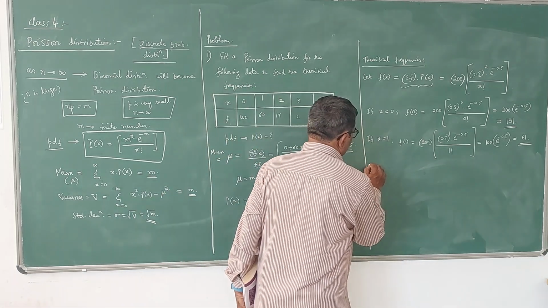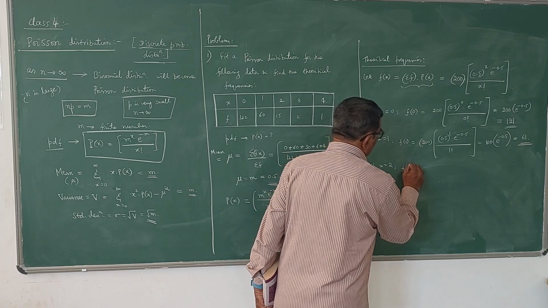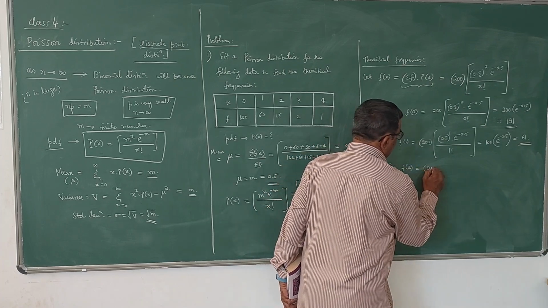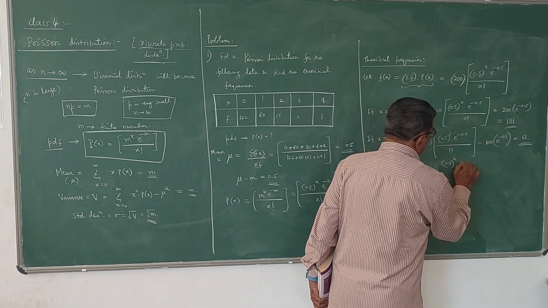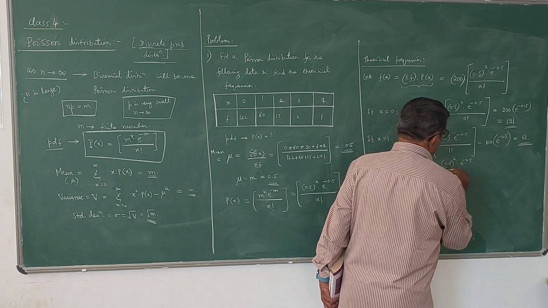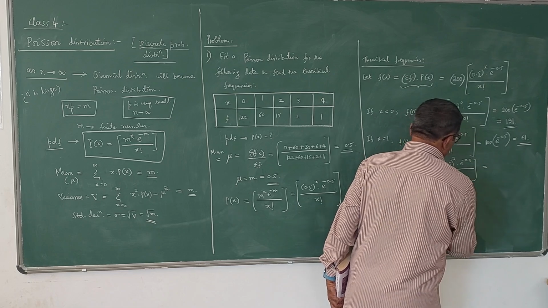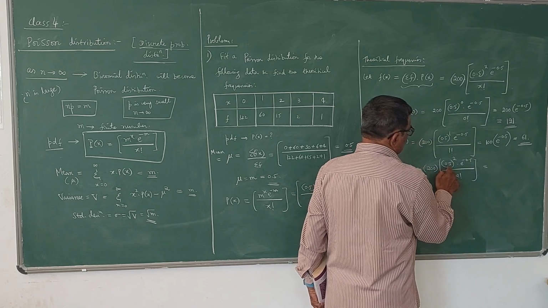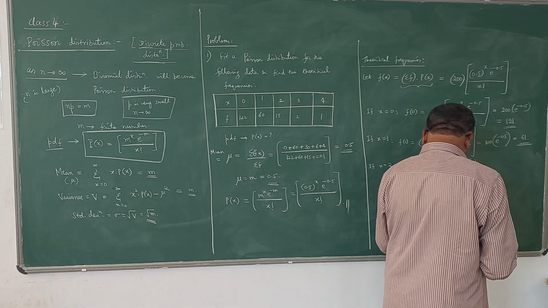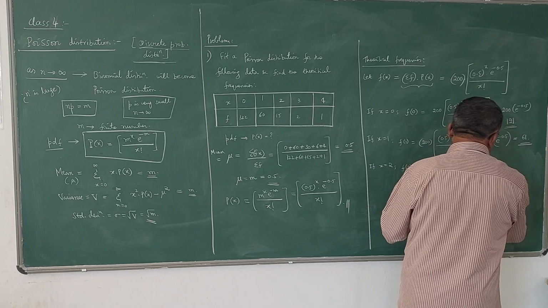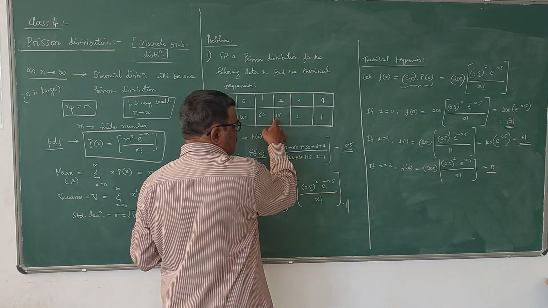Next, if x is equal to 2, f of 2 is 200 into 0.5 to the power of 2 into e to the power of minus 0.5 divided by 2 factorial. If you simplify this, 2 factorial is 2 into 1, that is 2, this is 0.0025. If you simplify this entire thing, you are going to get 15. So theoretical frequency is 15, observed frequency is also 15.